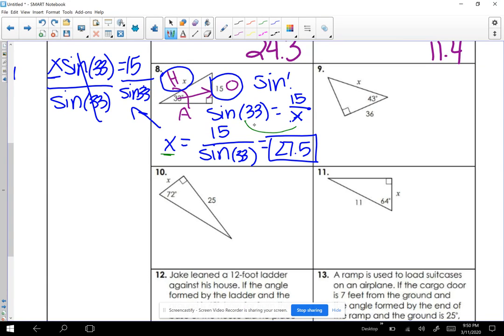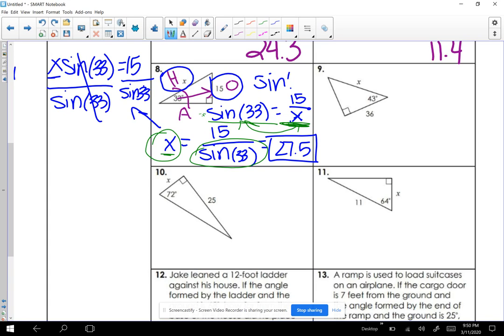All I did was switch the positions of both of these. I took the x and brought it here by itself, and I took the sine of 33 and put it in the denominator where the x was. You can always do that whenever you have a variable in the denominator, only in the denominator, and only one item on the left side. So that's the trick that we're going to use from here on out.